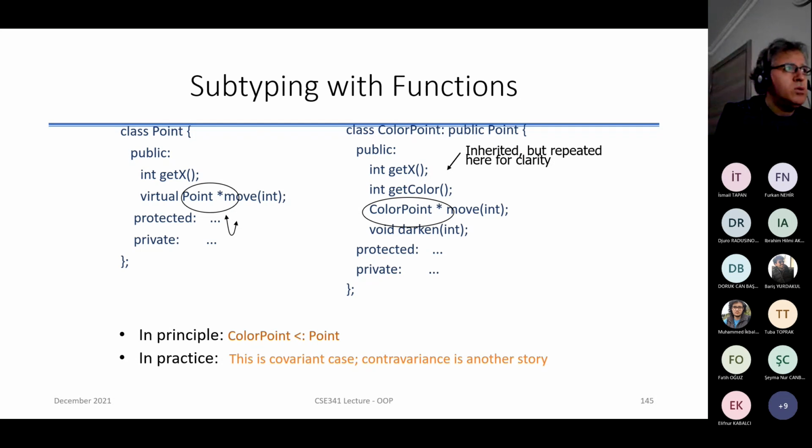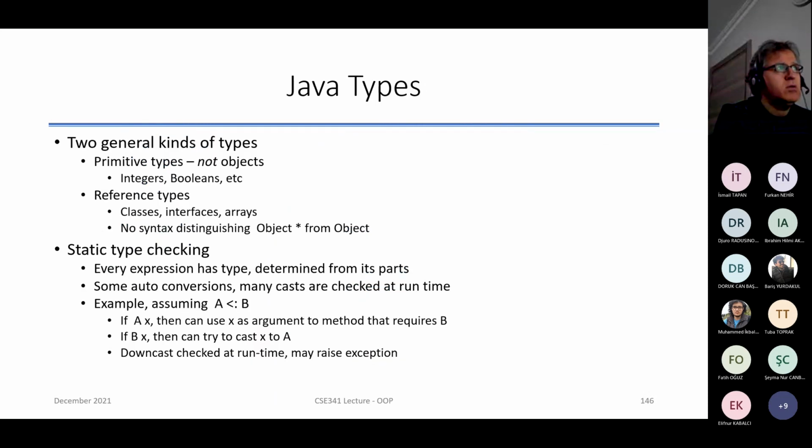All right. So you can have covariance or contravariance relationships. Now with this information, let's look at Java types. We are going to get into a little bit of detail on Java types. There are two general kinds of types in Java. There are primitive types.